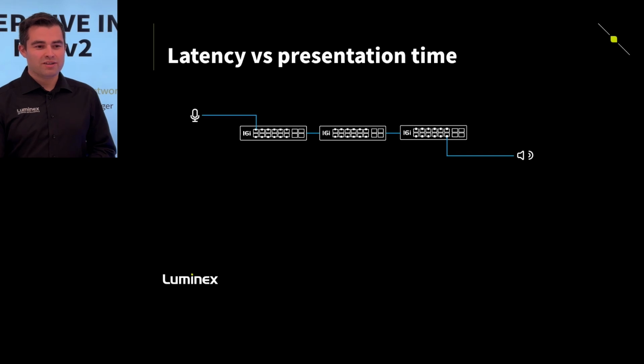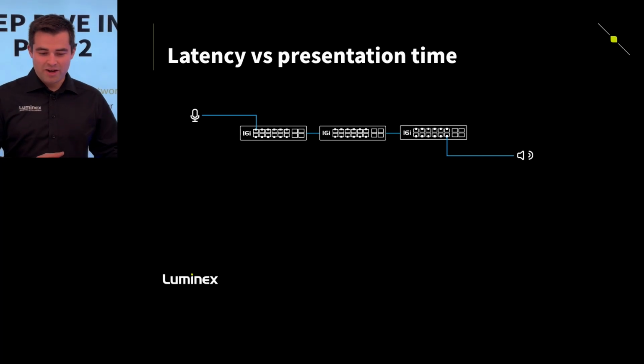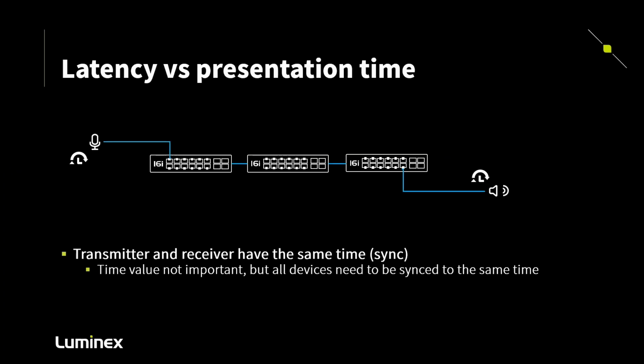Before we dive into that, let's explain the difference between latency and presentation time. So here on slide, you see an example with a microphone, a speaker, and 3 switches. The microphone and the speaker will get a common time source. The exact time value is not that important.